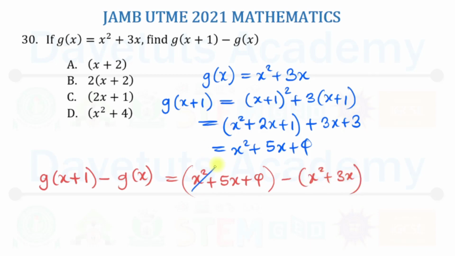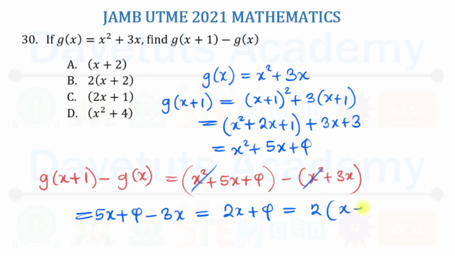So here the X squared cancels, and we have 5x plus 4, then minus 3x, and 5x minus 3x is 2x plus 4. 2 is common to both, so we have 2 into x plus 2. Looking at the options that we have, 2 into x plus 2 is the correct answer to this question.